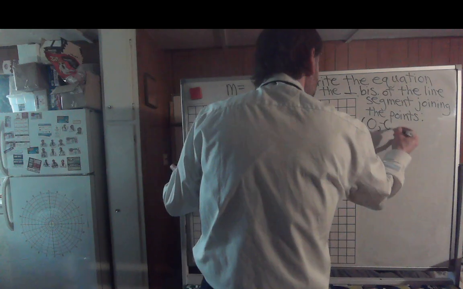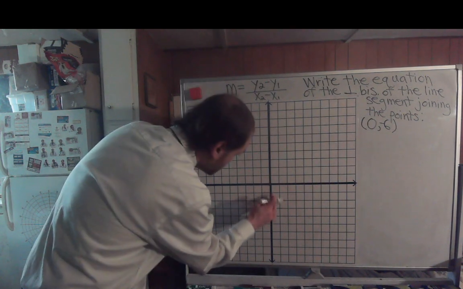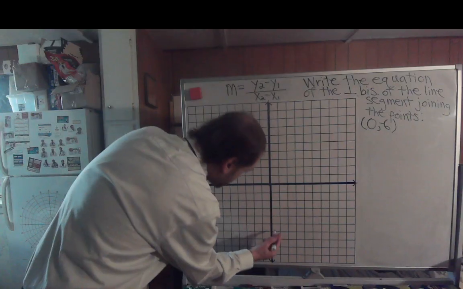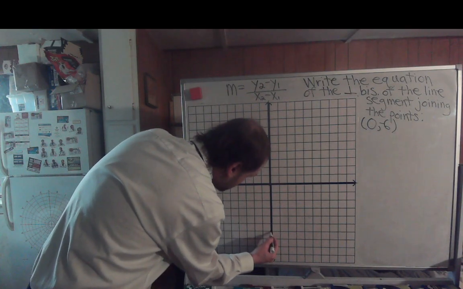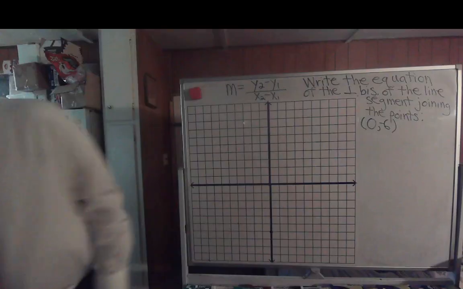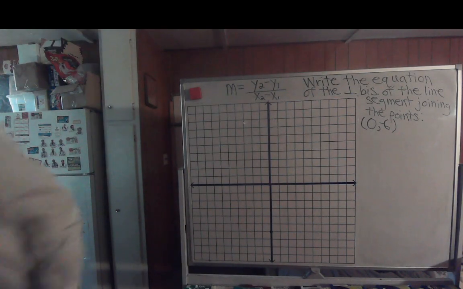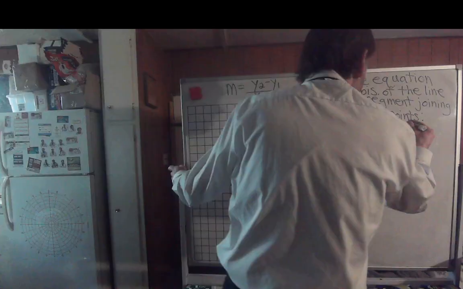All right, we have 0, -6, so let's start there. 0, -6, we're going to plot that point. And then we have also -4, 9.